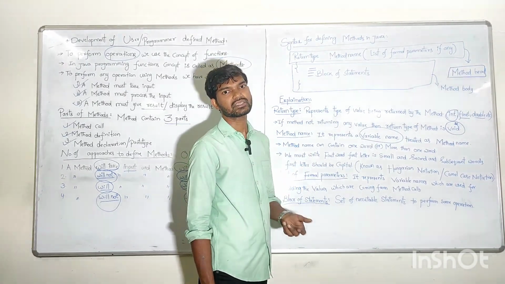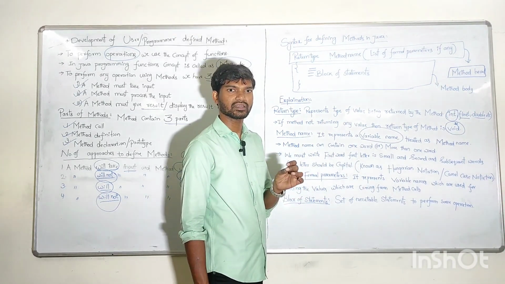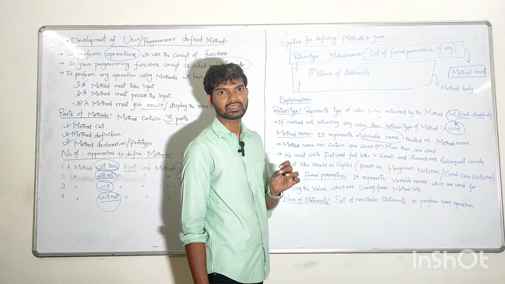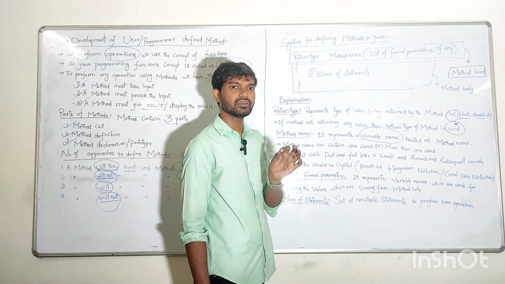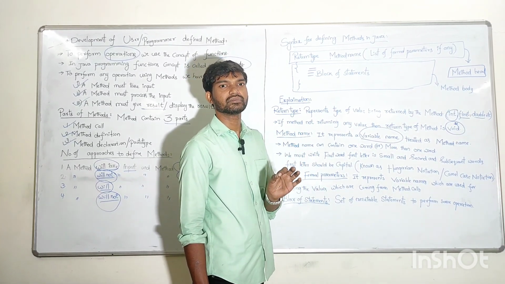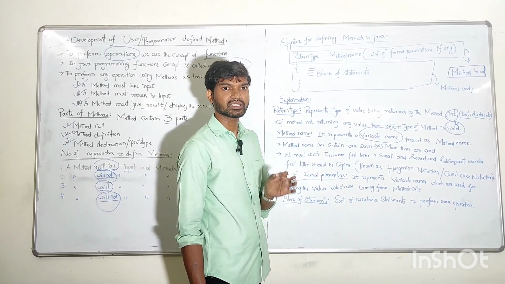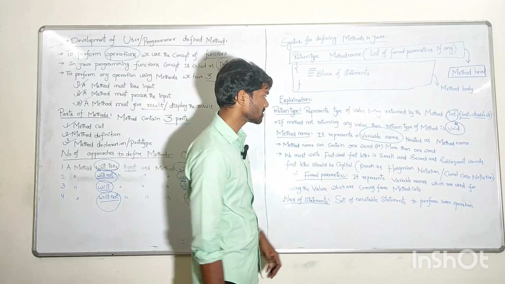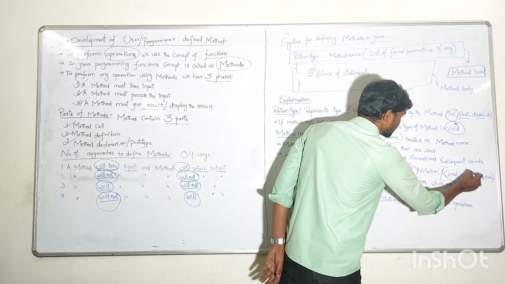And from the second word, third word onwards, the first letter should be capital, and so on. Any number of words may come, but the first word's first letter should be small, then for the second word, third word, and so on, the first letter should be capital. That type of notation is called Hungarian notation or camel case notation.